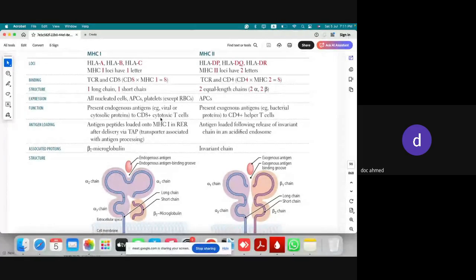If we have an exogenous antigen that is presented on MHC type 2, the CD4 cells are activated in that case. Then, depending on the requirement, they further activate either Th1 cells or Th2 cells. The Th1 cells bring the macrophages, and the Th2 cells bring the antibodies.